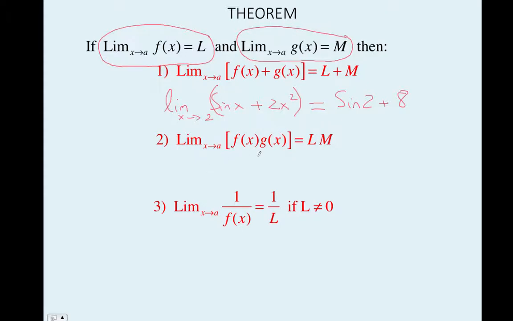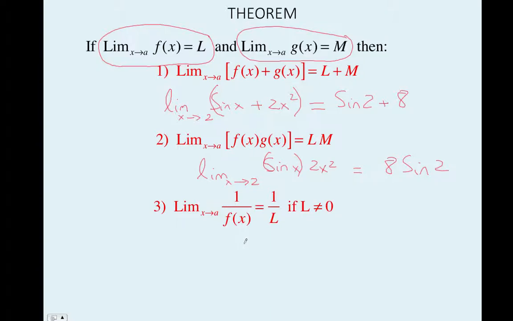If I take the product, in that case, the limit as x tends to 2 of sine x times 2x squared would be 8 times sine of 2. Here, of course, it's very similar for the quotient, but it's important that L not be equal to 0.